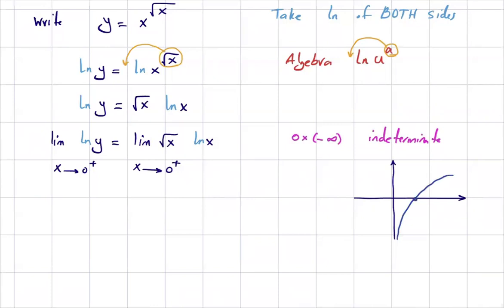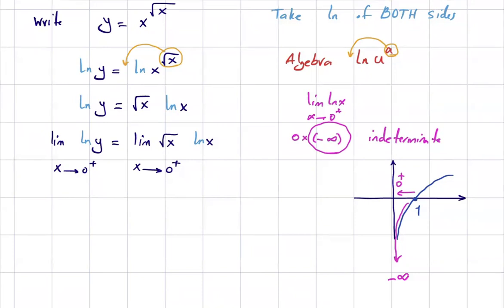It hits the x-axis at 1, but as x goes to 0 from the right-hand side, the behavior of y is going down toward negative infinity. So that's how the limit of ln of x as x goes to 0 from the right-hand side is negative infinity.